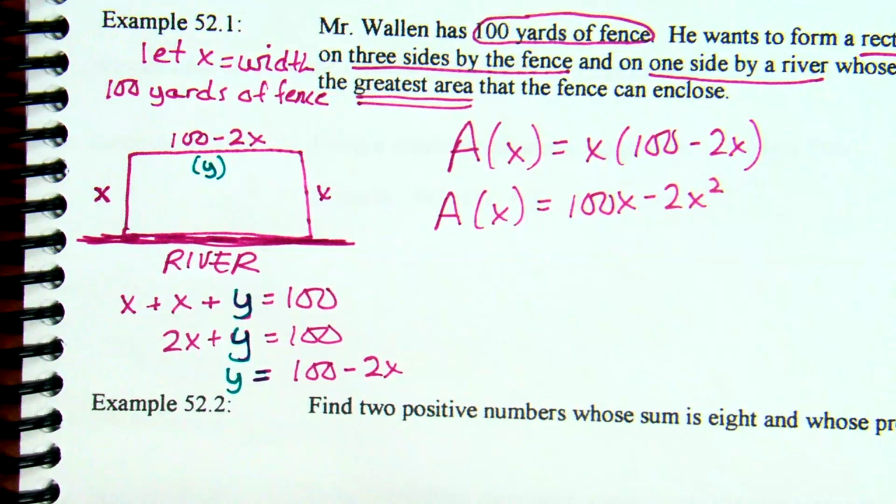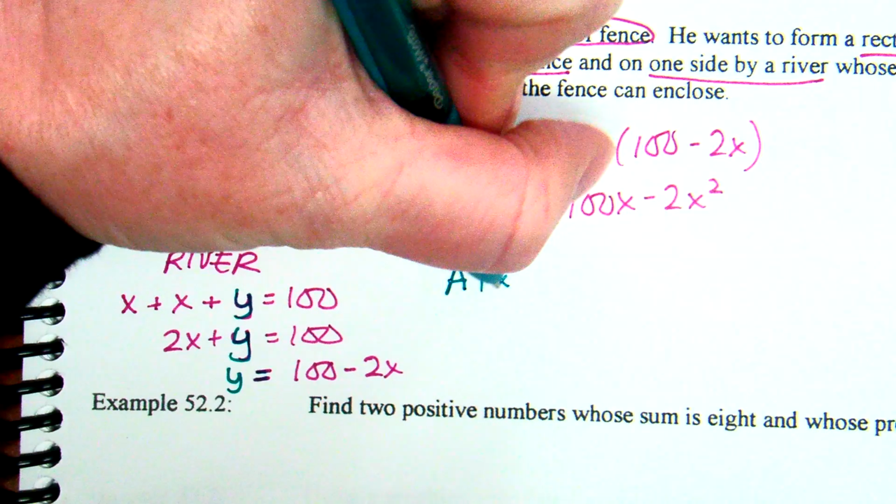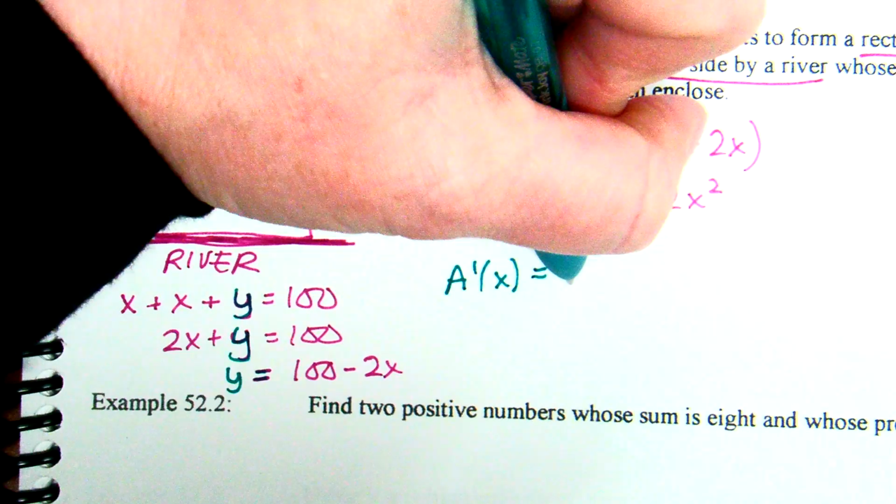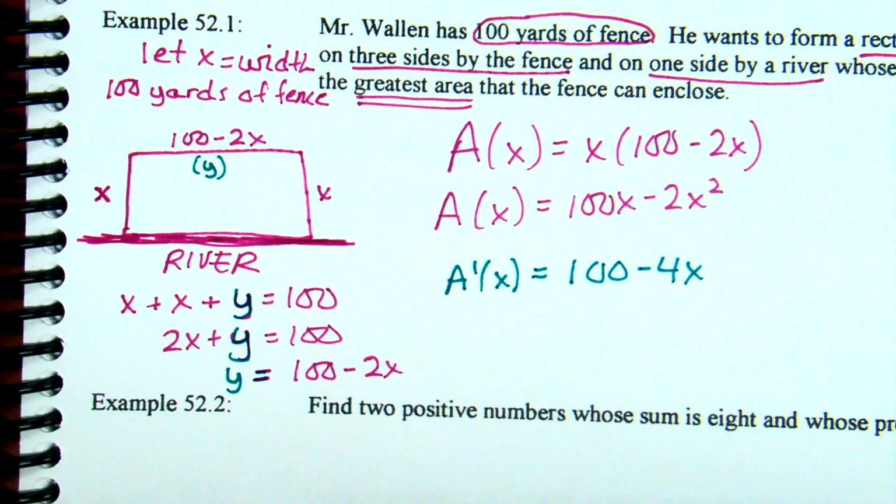Okay. In order to maximize via calculus methods, we want to take the derivative and find our critical values, which are max or min, right? So, A of x is 100x minus 2x squared. What's A prime of x? 100 minus 4x.